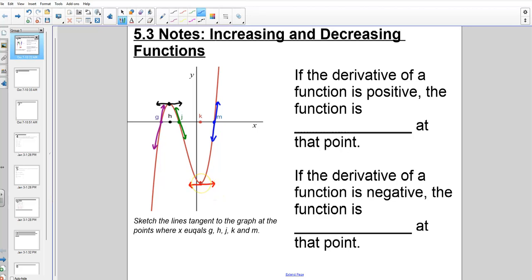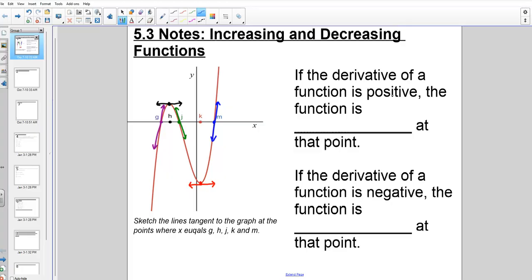And then I switch again, right? What is the slope of my tangent line here at K, whenever I switch from decreasing to increasing? 0, right? And then I'm increasing. What do you notice about your tangent line over here? Positive. So if the derivative of a function is positive, remember, the derivative gives you the instantaneous rate of change, right?